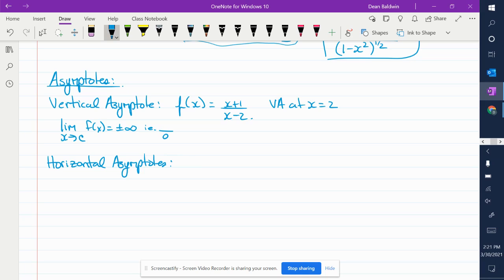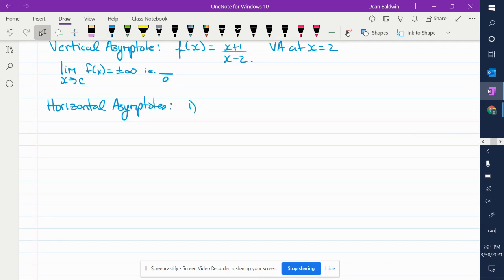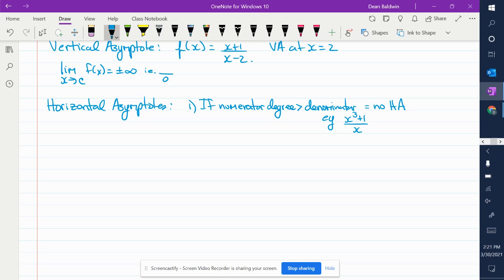The Math 12 rules were, first one, if the numerator degree is greater than the denominator, then you have no HA. I'm using HA for horizontal asymptote. So that is something like this: x cubed plus 1 over x. No horizontal asymptote.